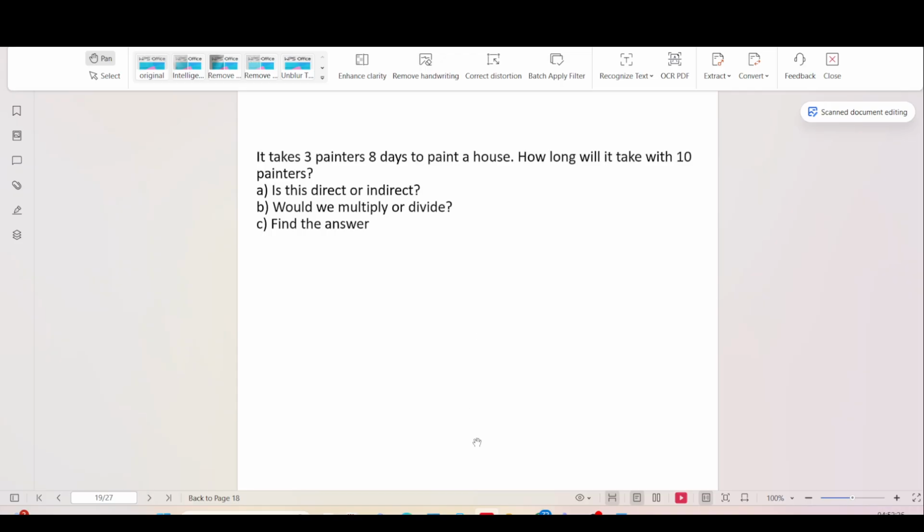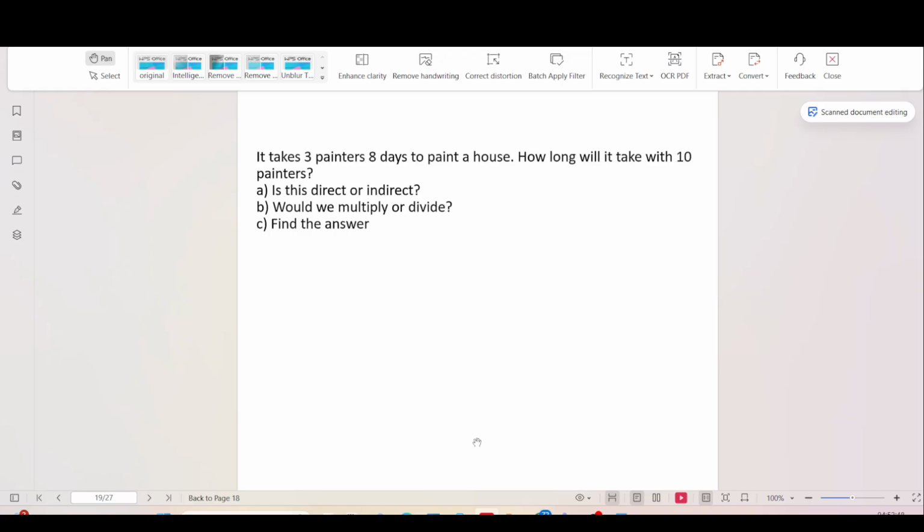Let's do this one. Okay, so inverse. Oh yeah, because more painters, less days. We multiply and we get 24 equals 10x.